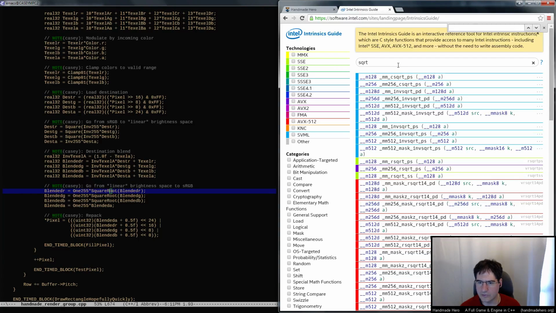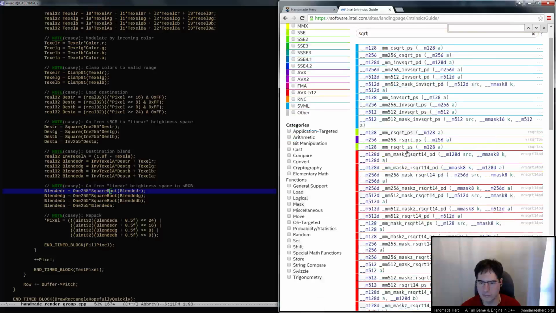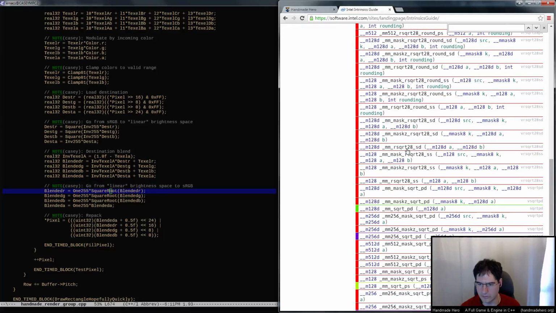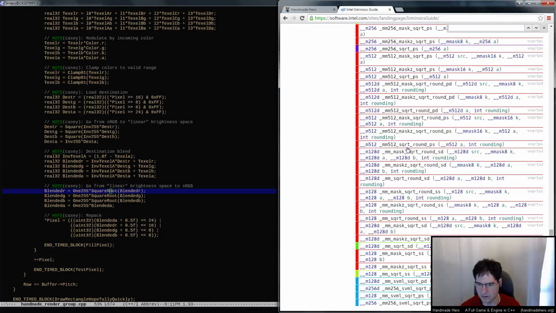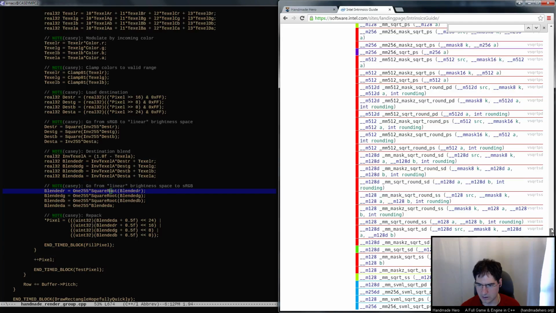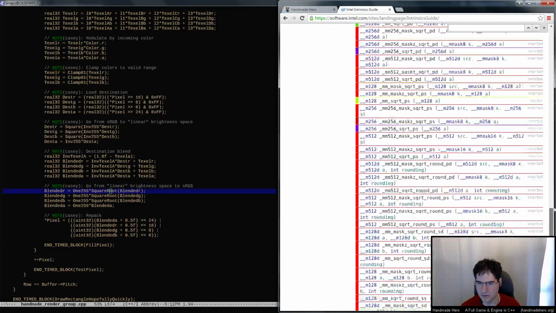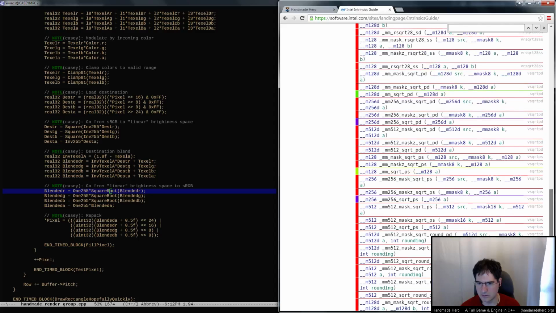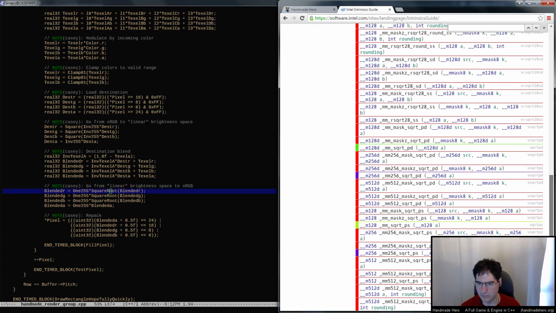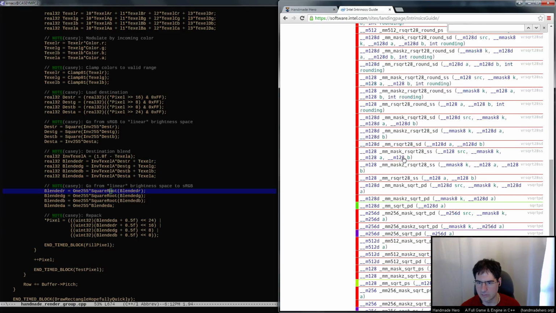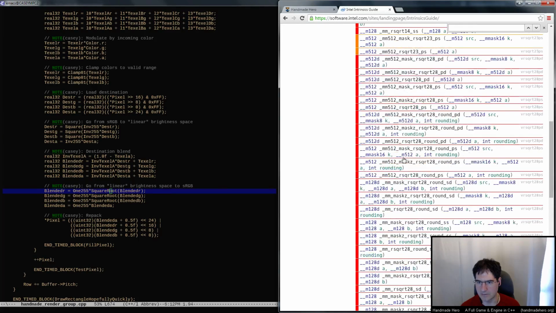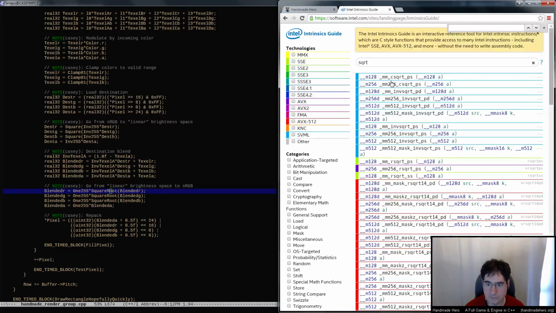I feel like they added square root at some point, right? I'm pretty sure there's sqrt PD, but where is sqrt PS? Well, tell you what.